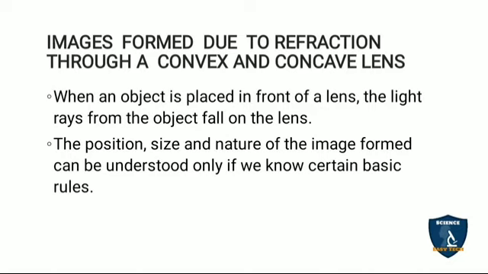When an object is placed in front of a lens, the light rays from the object fall on the lens. The position, size, and nature of the image formed can be understood only if we know certain basic rules.